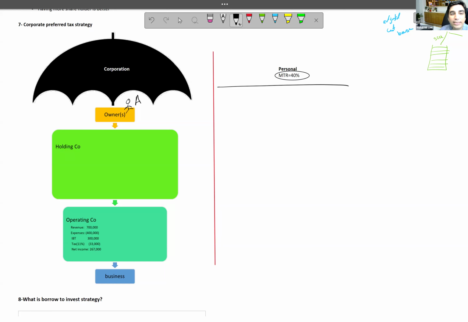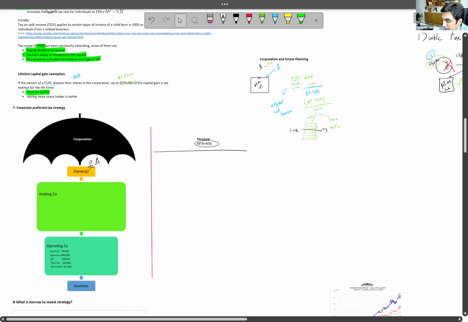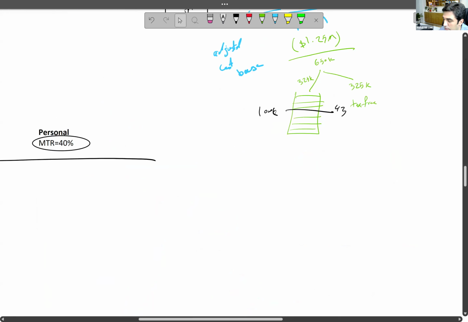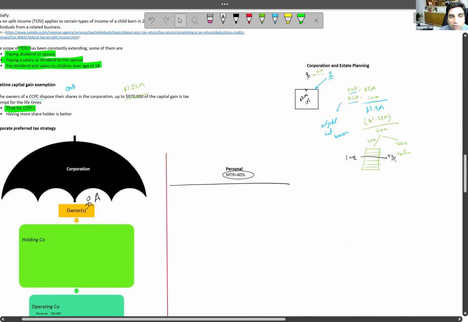Marginal tax rate is the highest tax bracket that you pay tax on. So if your income is $100,000, for example, and the last bracket is at 43%, that 43% is called your marginal tax rate, the highest tax bracket. So it means that any extra penny of money that the person makes is going to be taxed at 40%.